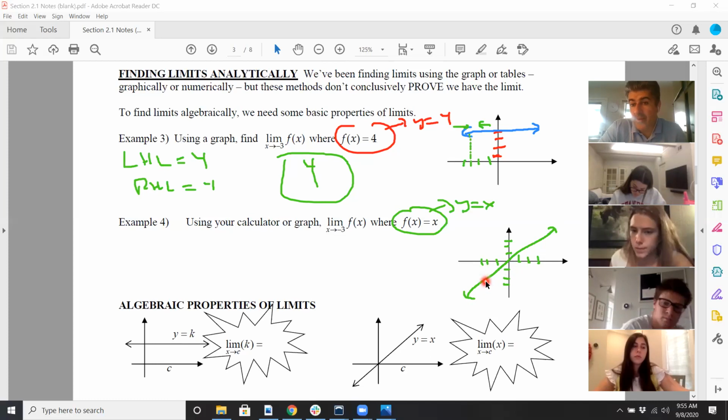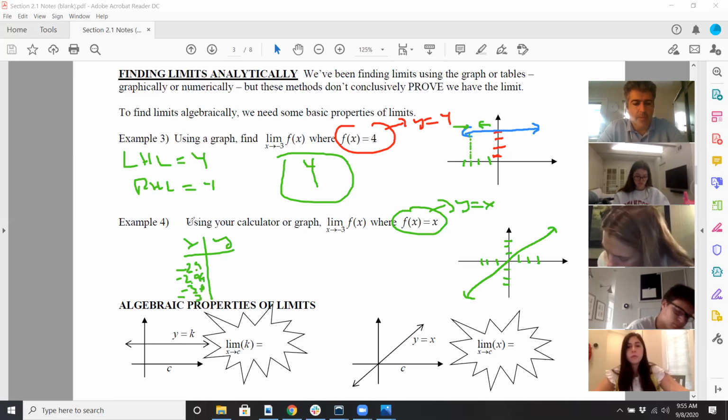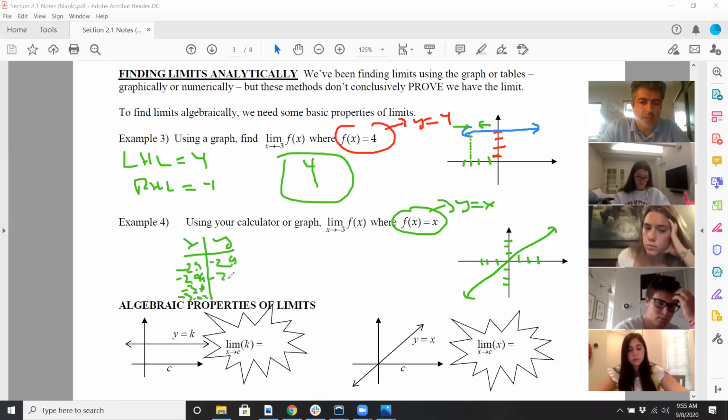Of course, the y value there is -3. If you were to do a little table, let's say plug in -2.9, -2.99, coming from the right side, or coming from the left side, -3.1, -3.01. You get -2.9, -2.99, -3.1. Obviously y equals x.